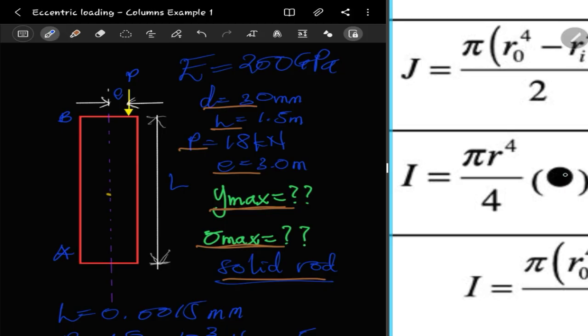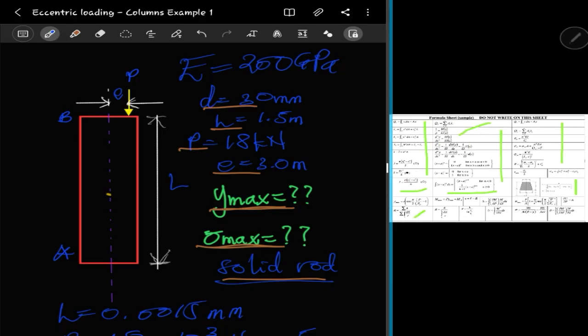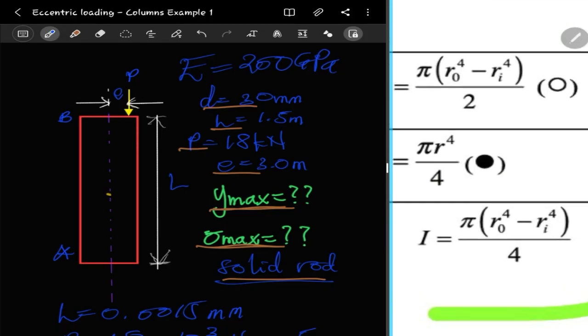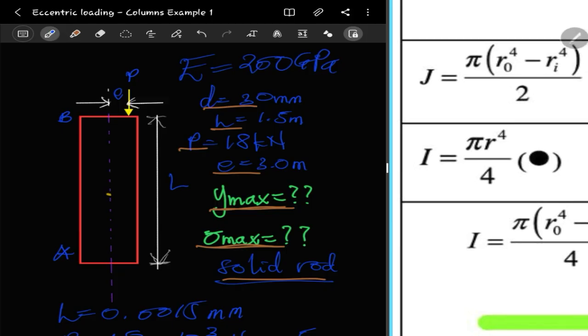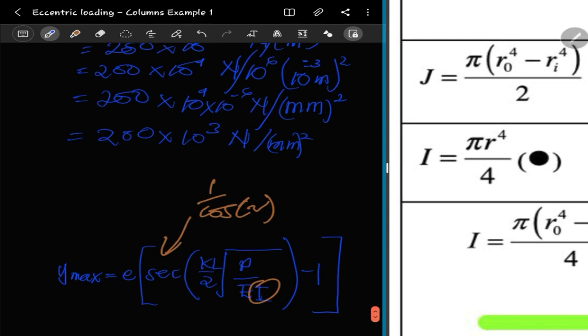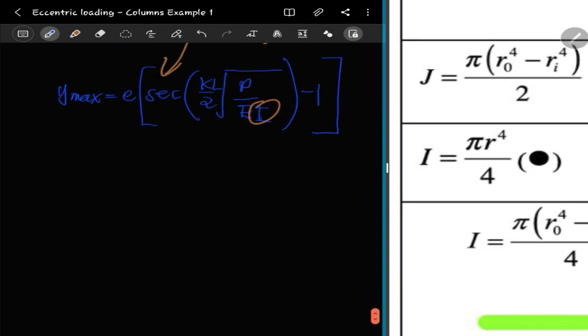You see, the inside is darkened, meaning solid. It means solid cross-section. So to find the I, this is the equation that we need. Let's go about that.